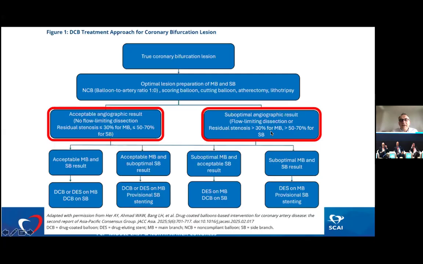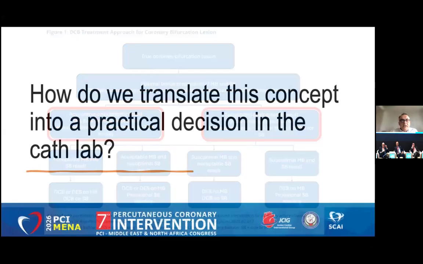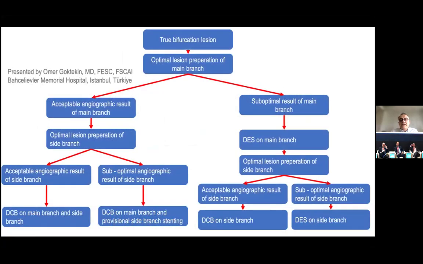If we have a suboptimal main branch and acceptable side branch result, we can do DES on the main branch, DCB on the side branch. If we have suboptimal main branch and side branch results, we could do DES on the main branch and provisional side branch stenting.